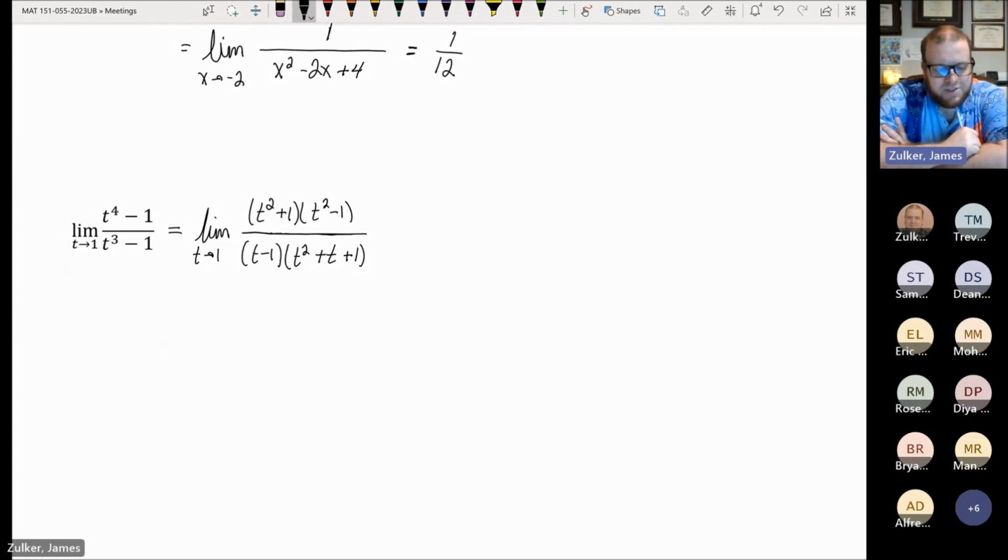Nothing cancels. So either we did something wrong, or this isn't fully factored. The numerator factors further in the t squared minus 1. Right? The t squared minus 1 is again a difference of squares, so we can continue factoring.